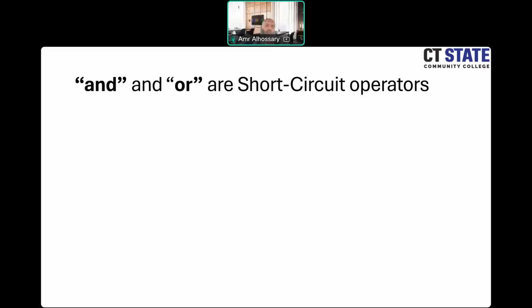One very interesting and important note is that and, or are short circuit operators. What does that mean? Remember when you have a battery and a lamp, and then you make a short circuit between the two sides, positive and negative. So the electric current goes through the short circuit and doesn't go to the lamp. This is exactly the situation here. So let's consider two Boolean values, bool 1 and bool 2.